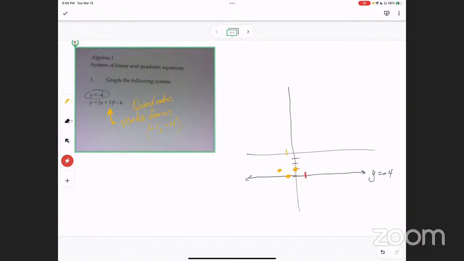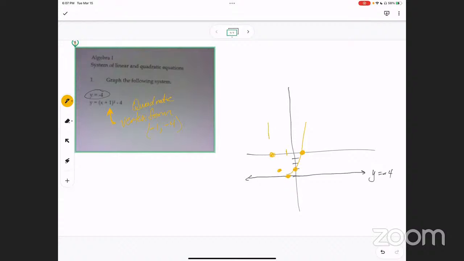Over 2, it's a quadratic, so I'm not going to go up 1. I'm going to go up 2 squared, which is 4. Whether I go right or left, if I go over 2 to the left, I'm going to go up 4. So that's what my graph's going to look like.